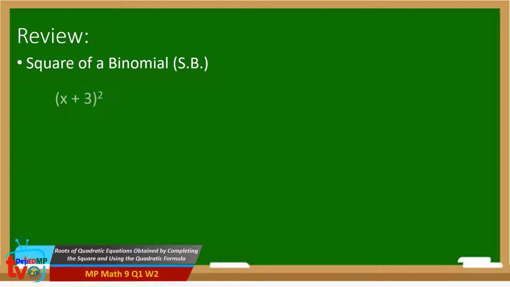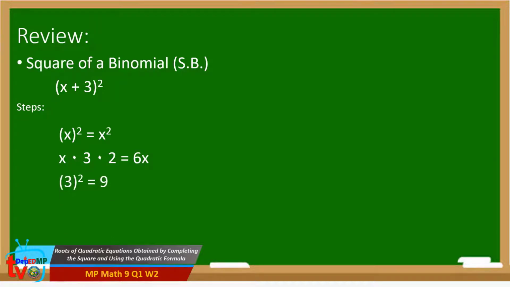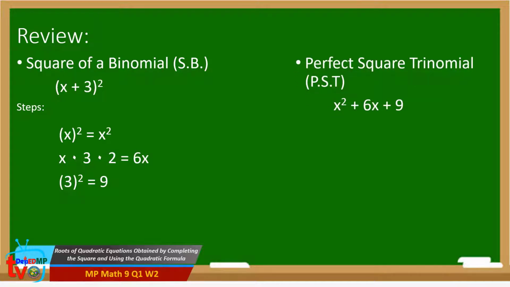First, the quantity of x plus 3 to the second power is simplified by squaring the first term x as x squared. Secondly, multiply the first term x to the second term 3, which is 3x, times its exponent 2 is 6x. And lastly, square the last term 3, which equals 9. The result is x squared plus 6x plus 9.